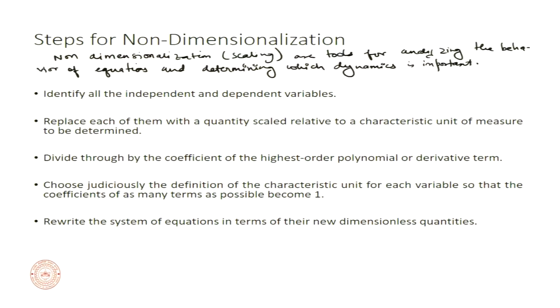So we want to get rid of all the constants. We will select variables which can accumulate these terms into one quantity. These become our dimensionless numbers like the Reynolds number, Sherwood number or Nusselt number. Then we rewrite our system of equations with these new dimensionless quantities. Okay, now these are the points to follow. We will try out one example to demonstrate how this works.